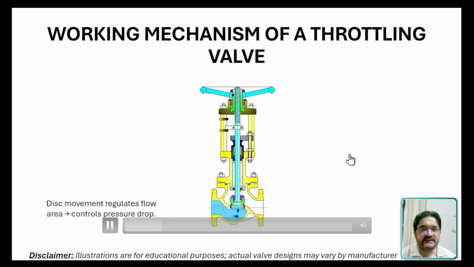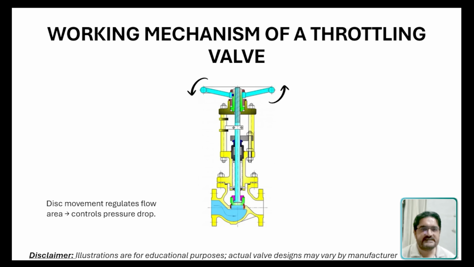When the hand wheel is rotated, the stem lifts. As the disc moves away from the seat, the flow area increases and the pressure drop decreases. In this way, the valve can maintain a desired flow by balancing this pressure drop. Globe valves and certain butterfly or plug valves are typically used as throttling valves.